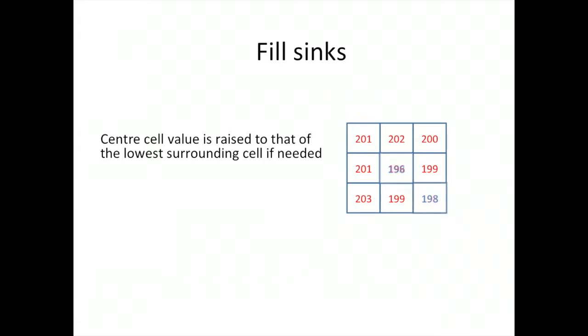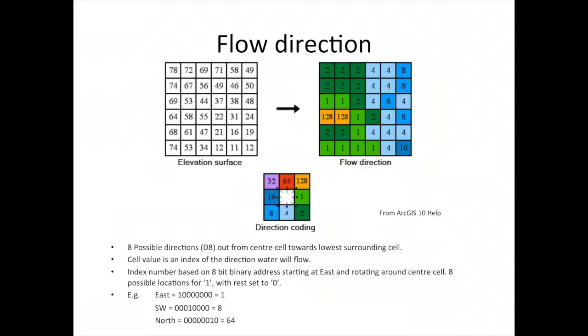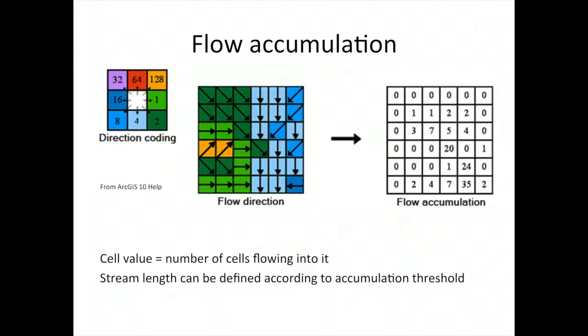I don't want to dwell too much on that, but of course fill sinks is just raising the depressions in the landscape up to the lowest surrounding point so that we don't have pits in our data. Flow direction allows us to generate our flow vectors. Flow accumulation is the number of upstream grid nodes that contribute to any point on our DEM surface.